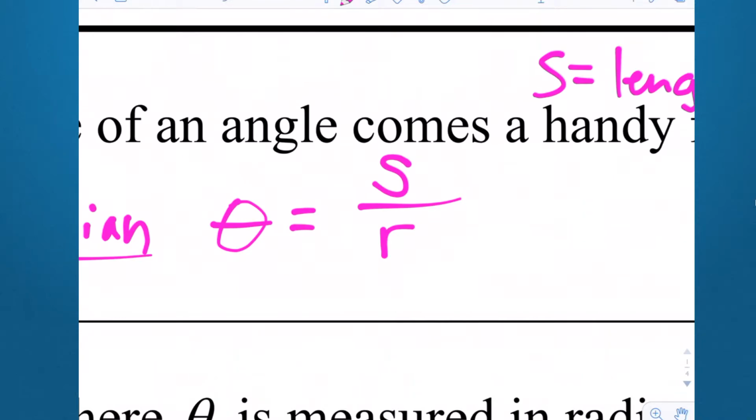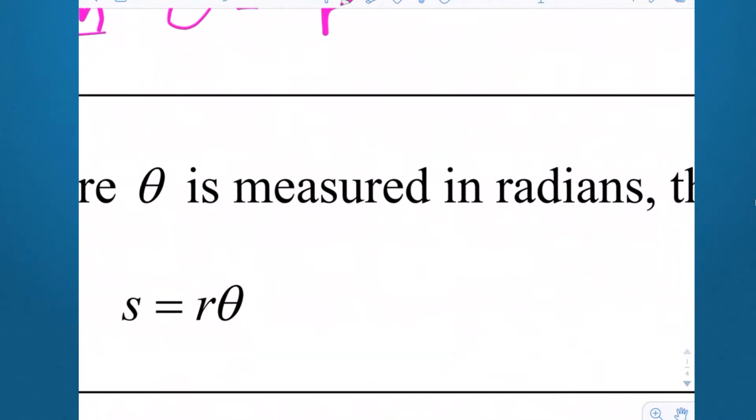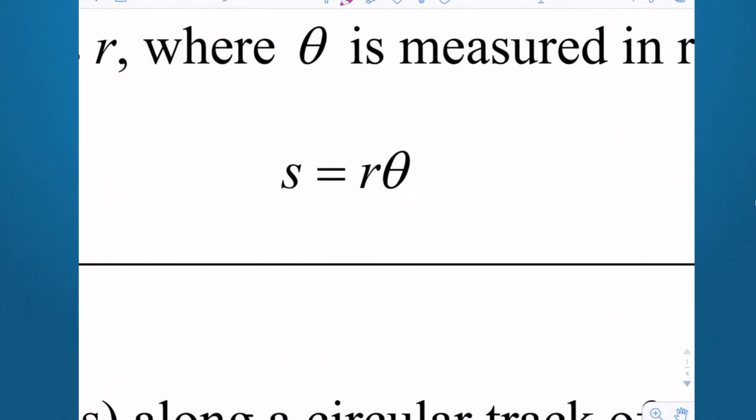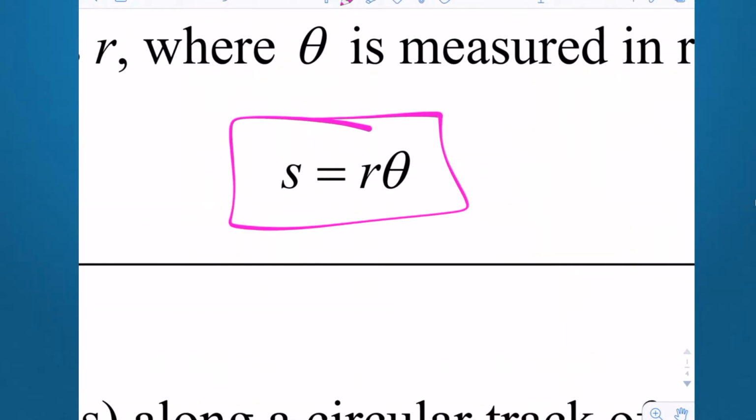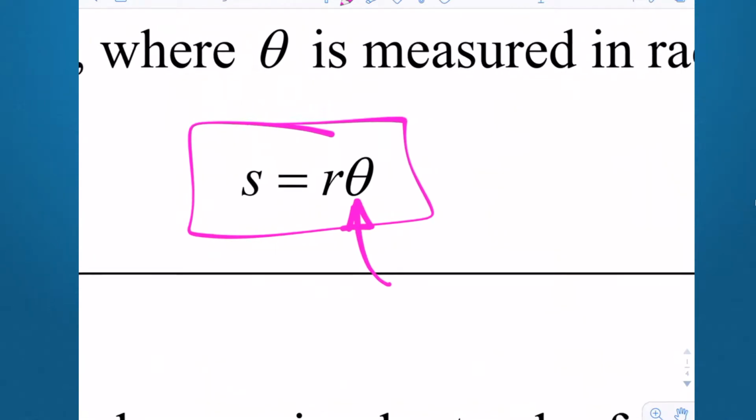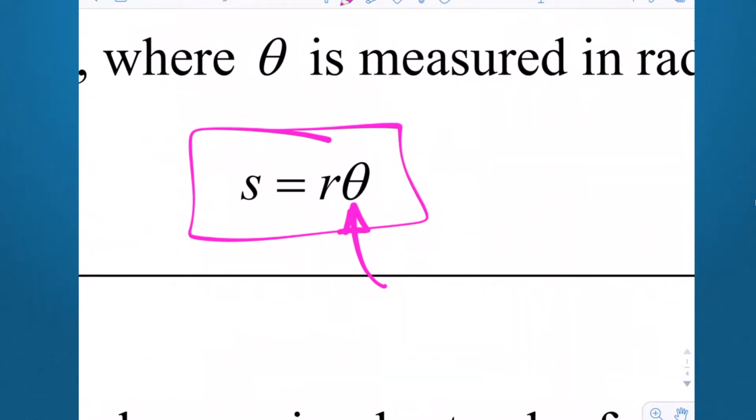All right, if I take that equation and I simply multiply both sides by r, I get S equals r theta, which gives us a handy-dandy formula for finding the arc length of something that does not complete a full rotation, because that would be the circumference. R is the radius of the circle, and theta is the angle of rotation in what units?